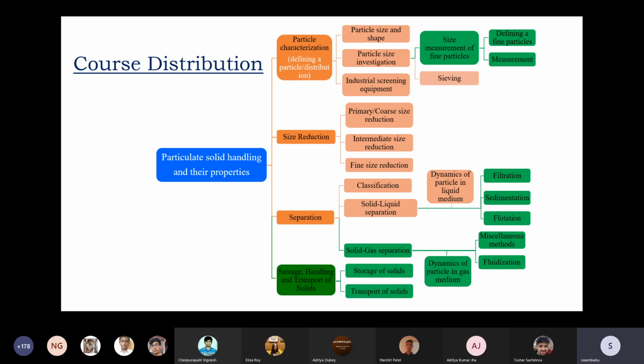So this is the course distribution which we showed in the introductory class. I have basically covered this part of the section so far: storage of solids and transport of solids, that is pneumatic transport and slurry transport.